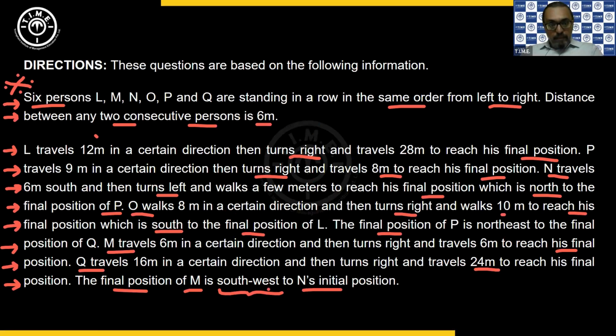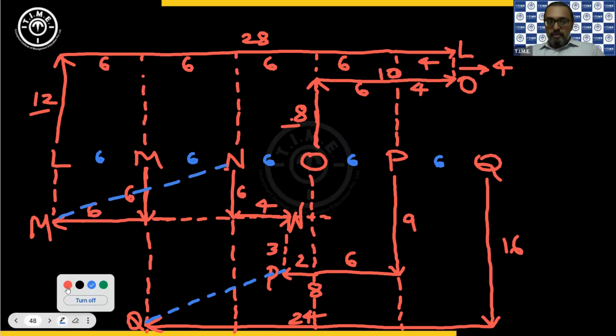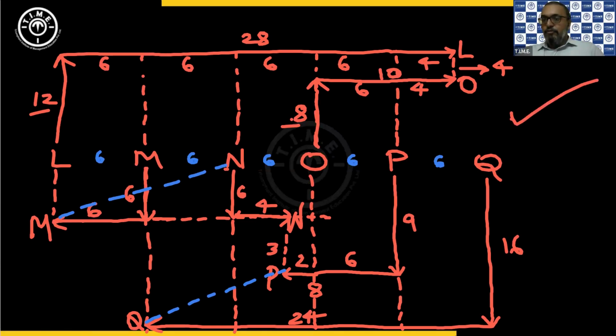So he said M, final position of M is southwest of. So this is the right side because from south right is our left side, no? So yes, this is 6 meters. So this is M. Now check, is it not southeast of N's initial position? That's it. So we have fixed our final route map.